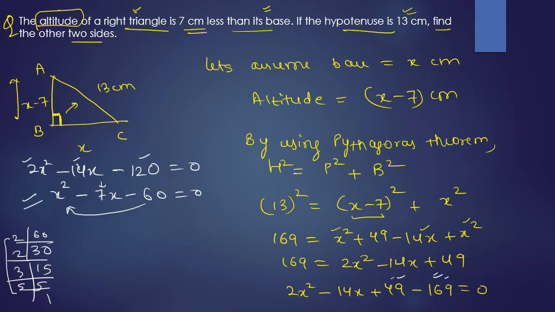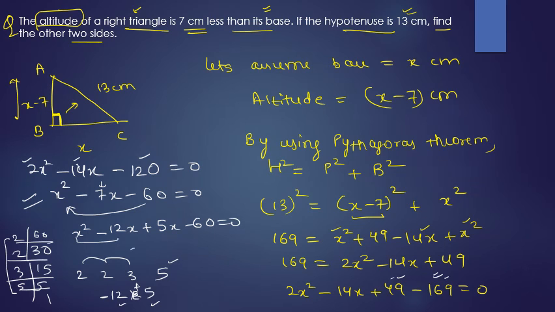You have 2, 2, 3 and 5, right? So 2 twos are 4, times 3 is 12, and 5, you will see that 12 minus 5 is 7, correct? So x square, but you want minus 7, so 12 should be minus and 5 should be plus. So minus 12x plus 5x minus 60.